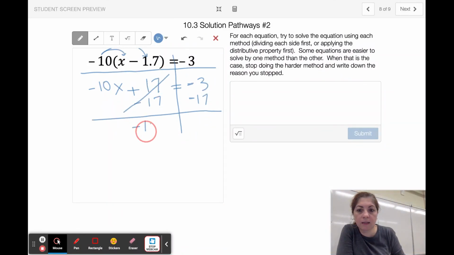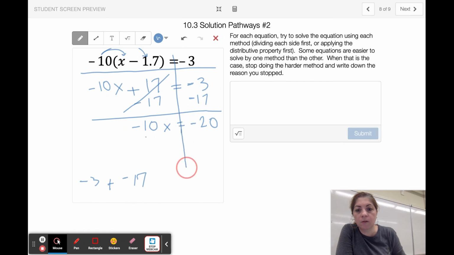So I have negative 10x equals negative 20. If you remember, we said subtracting, negative 3 minus 17, you have to change it to addition, add the opposite. So it's going to be negative 3 plus negative 17. And because they have the same sign, we add them and we keep the sign, so we end up with negative 20.